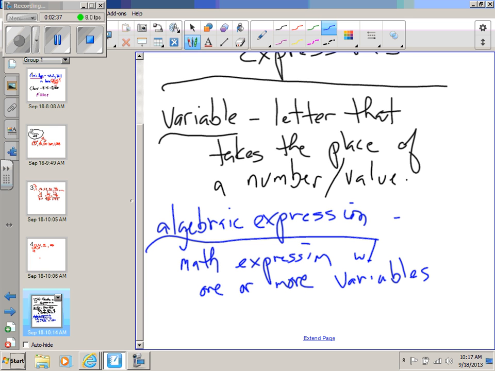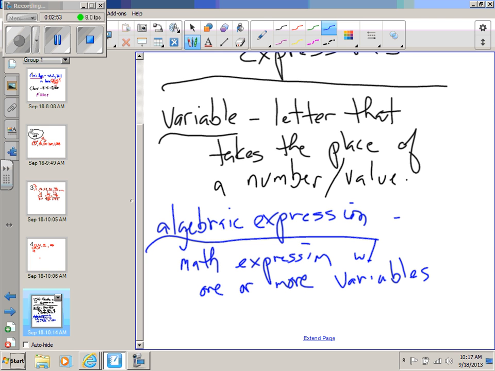A plus 2. C divided by 9. Could be an example of an algebraic expression.